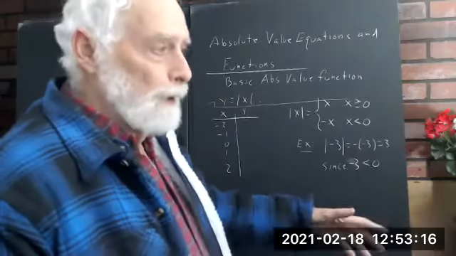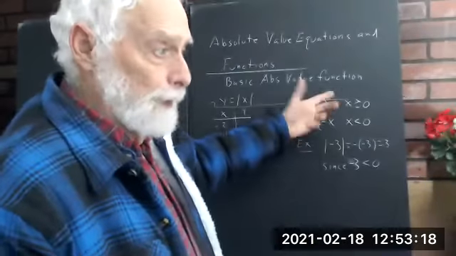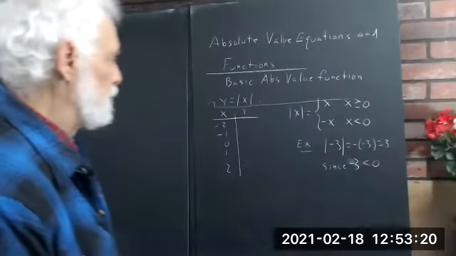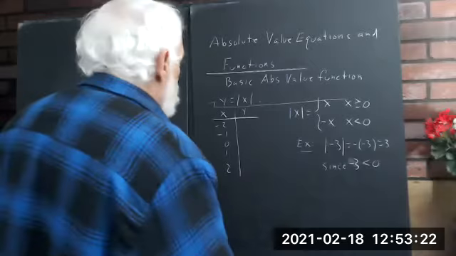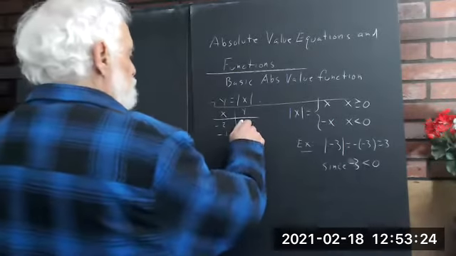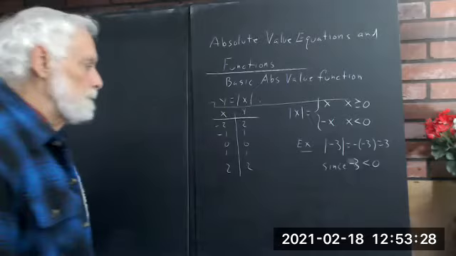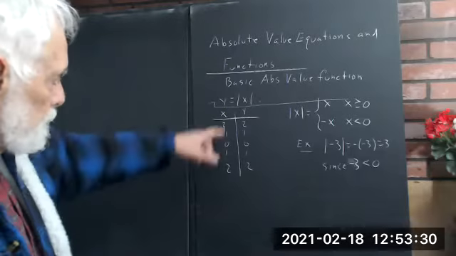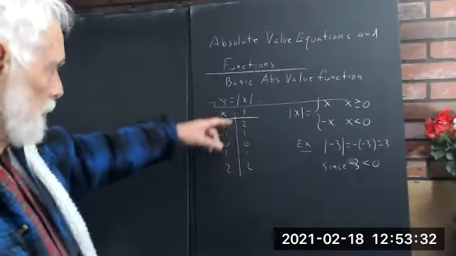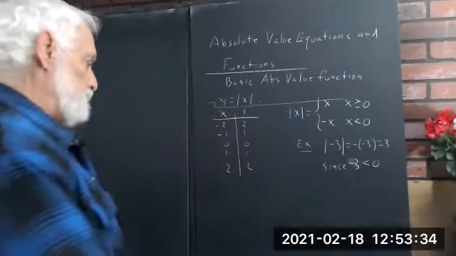Now, if x happens to be greater than 0, then you just have x. So your absolute value does exactly what you expect it to. So if we do the table, it's very straightforward. We're going to get 2, 1, 0, 1, 2.